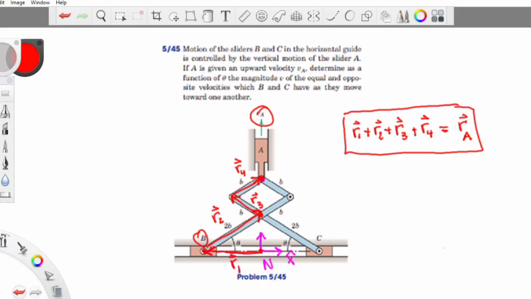Now let's look at the relation between the angles of all the vectors that I just described.